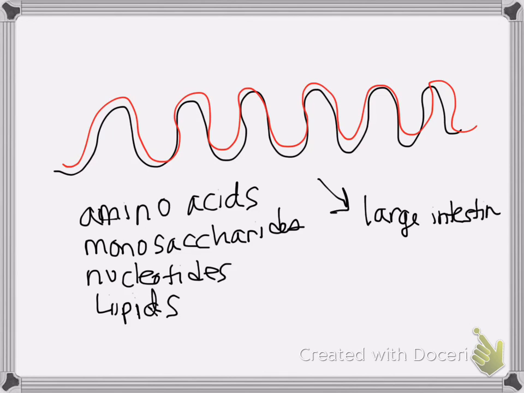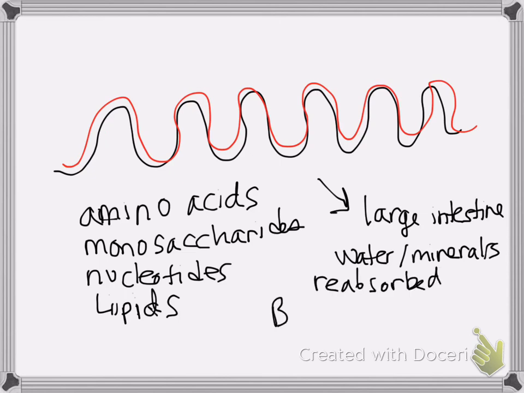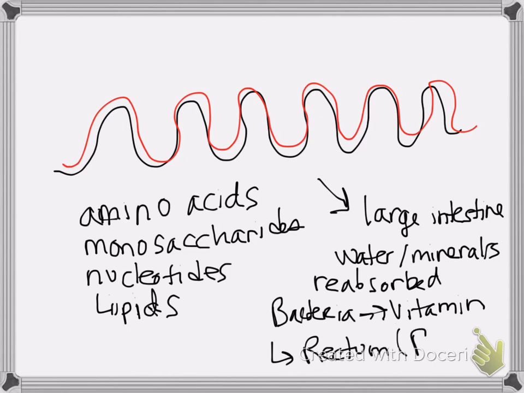In the large intestine, water and minerals are going to be reabsorbed into your body. You're going to have bacteria in the large intestine that are going to make vitamins for you. And anything that's left over is going to go to the rectum to be stored as feces, and the excretory system will get rid of that.